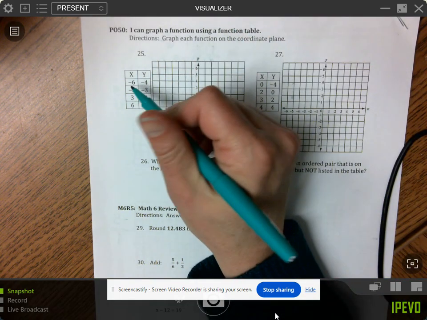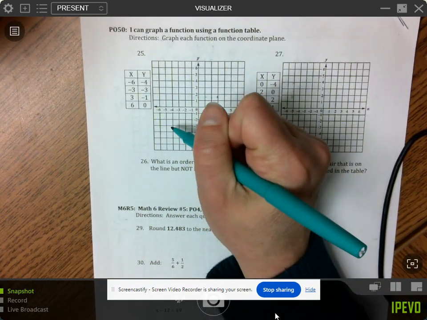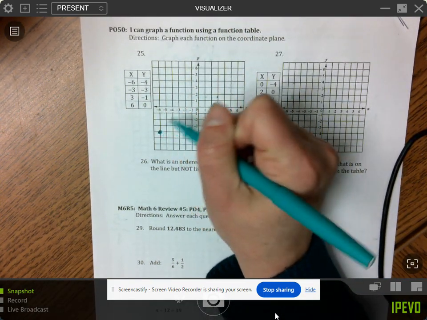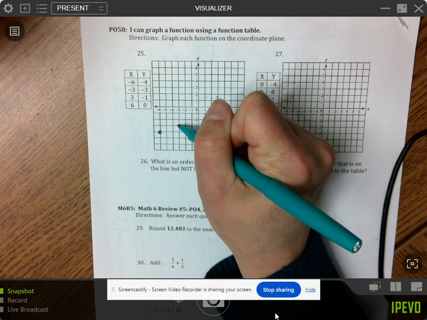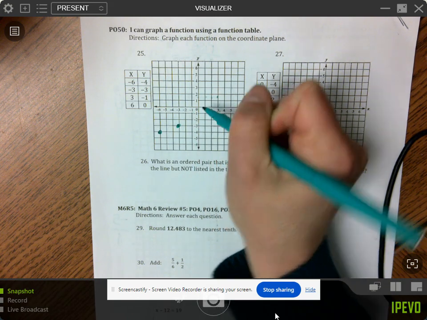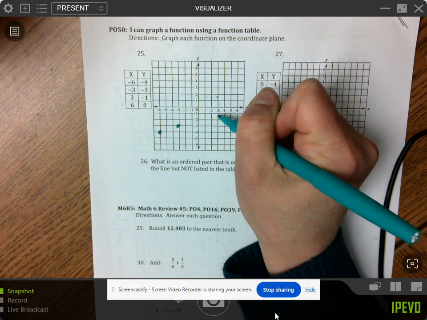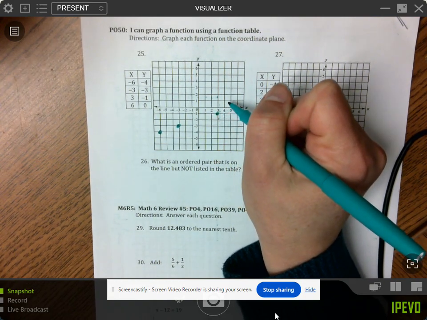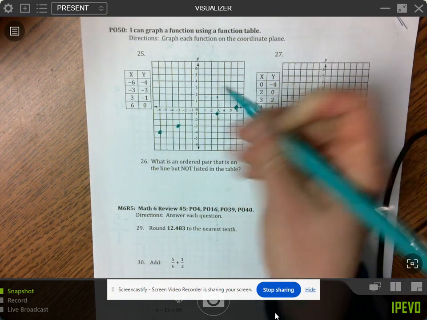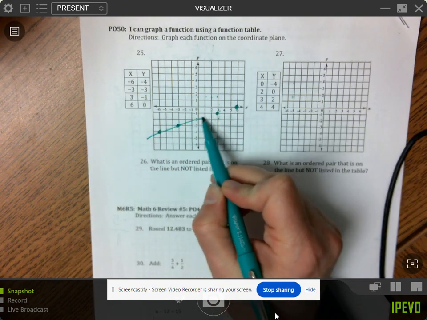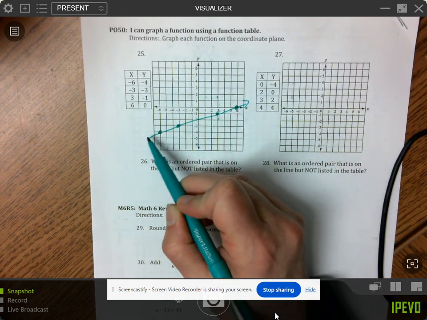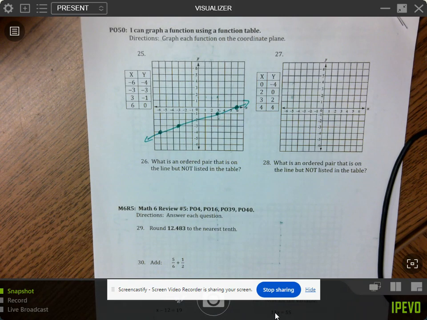So for 25, we have -6, -4. We have -3, -3. We have a +3, -1. And we have a 6, 0. So we should have our line like this. Can I just look at that line and say, oh, this dot, this is a point that's on my line?